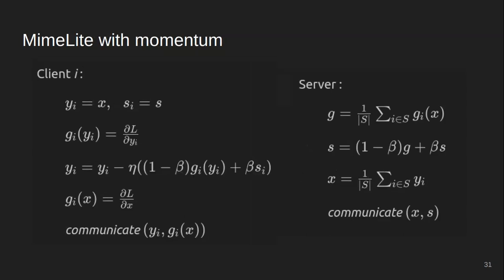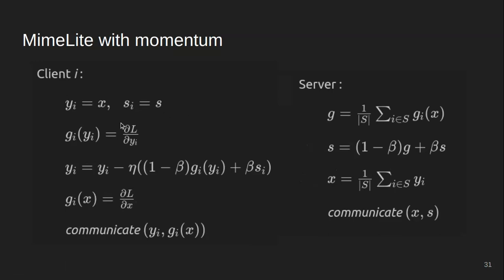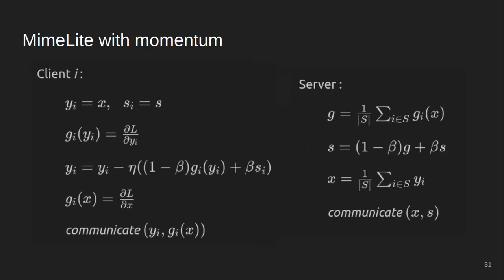If you are not able to understand what this is doing, you can understand it in the next slide. The only difference is that I have written this update rule in terms of the momentum method.